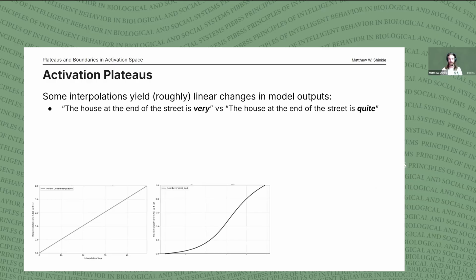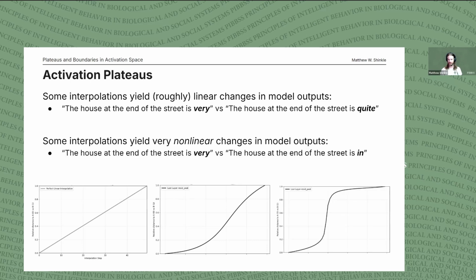And in fact, we do see results like this sometimes. So for example, for the sentences, "the house at the end of the street is very," and "the house at the end of the street is quite," we see a curve like this here in the middle, which is approximately straight. However, in other cases like this pair here, we see a very different result.